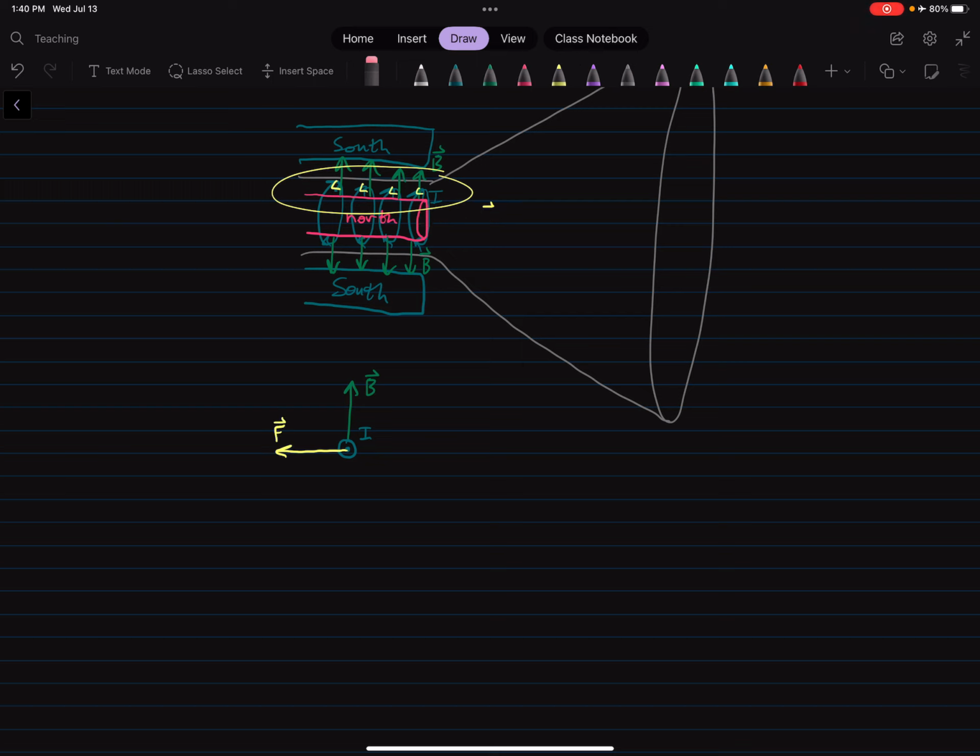And so in this moment, post flipping the current, you have some force F this way equal to ma. So that whole block, that whole north end of the magnet with the wire wrapped around it, experiences some force and acceleration to the left, right?